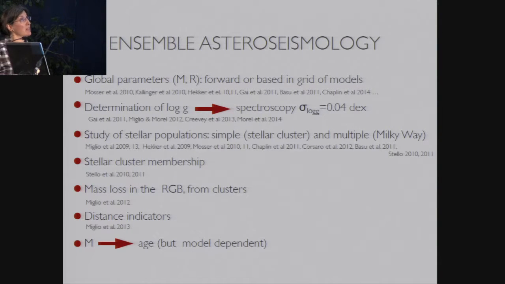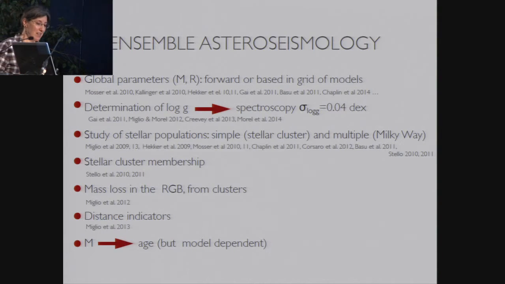That is very important data for the people who do spectroscopy, because there is some degeneracy between effective temperature and gravity when they do the analysis of their spectra. And using the gravity from seismology, which is much more precise, they are able to improve their derivation of the atmosphere parameters. That is one of the reasons why we finally have a lot of success with the people who do large spectroscopic surveys. We provide them the log g, and they will provide us with the composition of the star, for example.